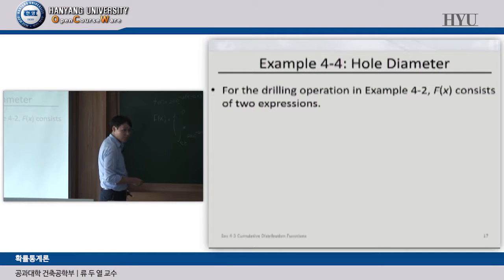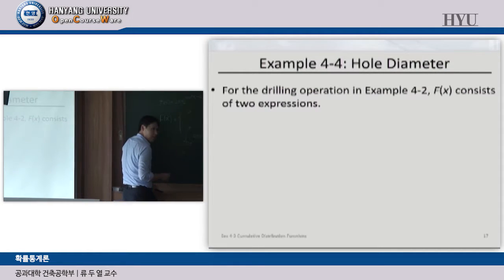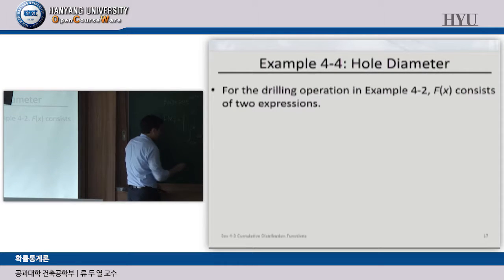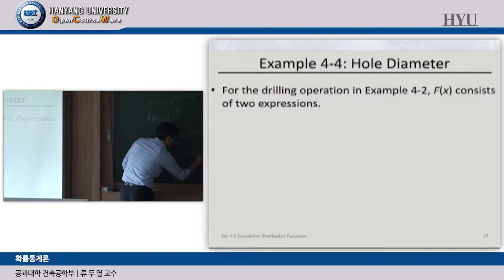Okay? So if we solve this integration, there will be minus exponential minus 20 (x minus 12.5), from 12.5 to x.